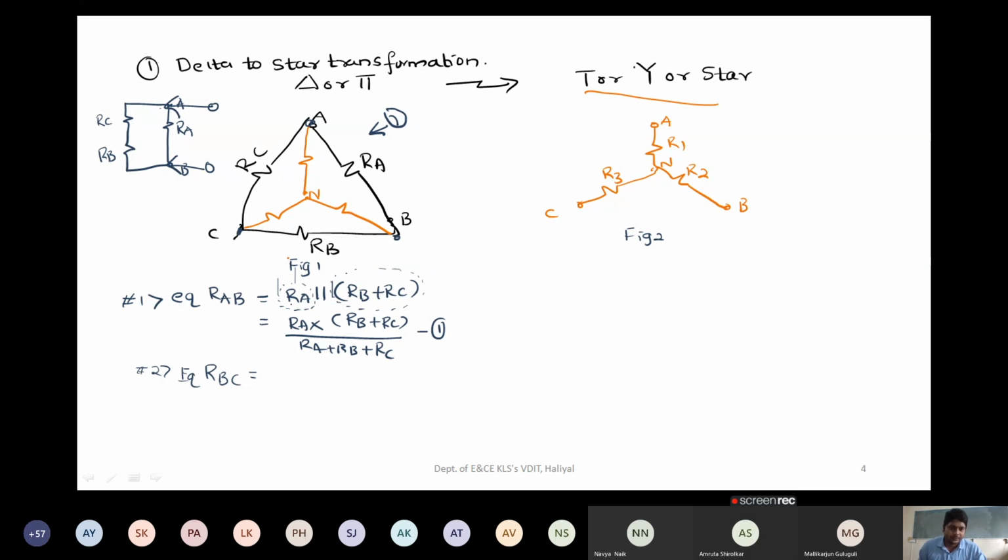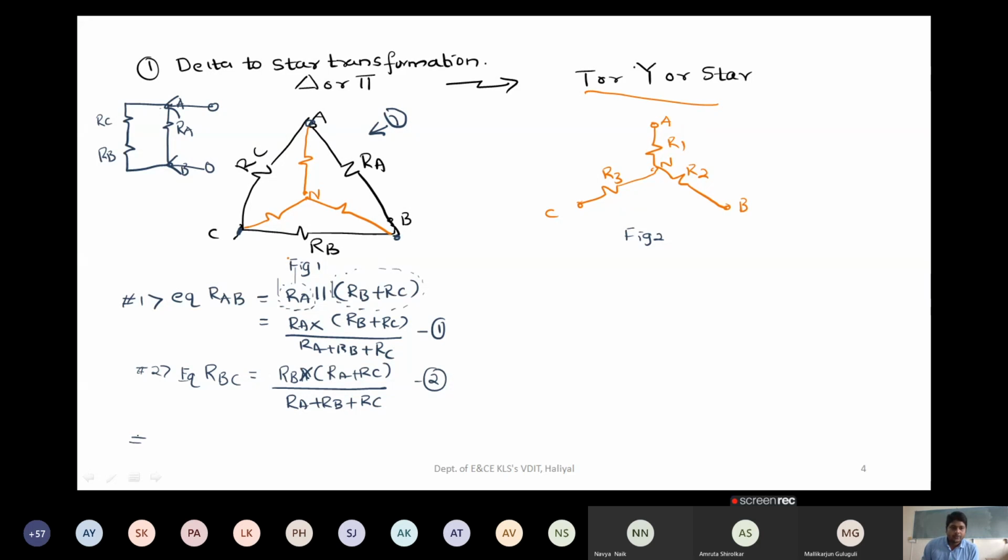As we have RB, this RB will be in parallel with RA plus RC. So directly I can write it as the multiplication divided by the same thing, RA plus RB plus RC. Let me call it equation number 2.